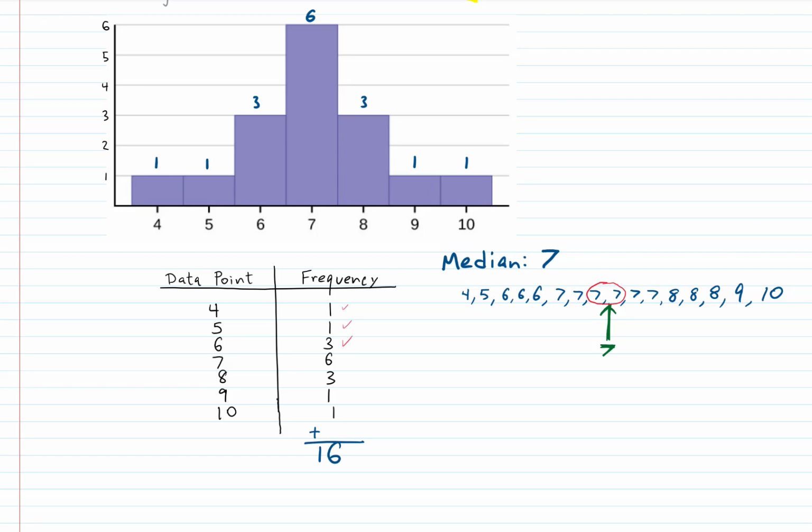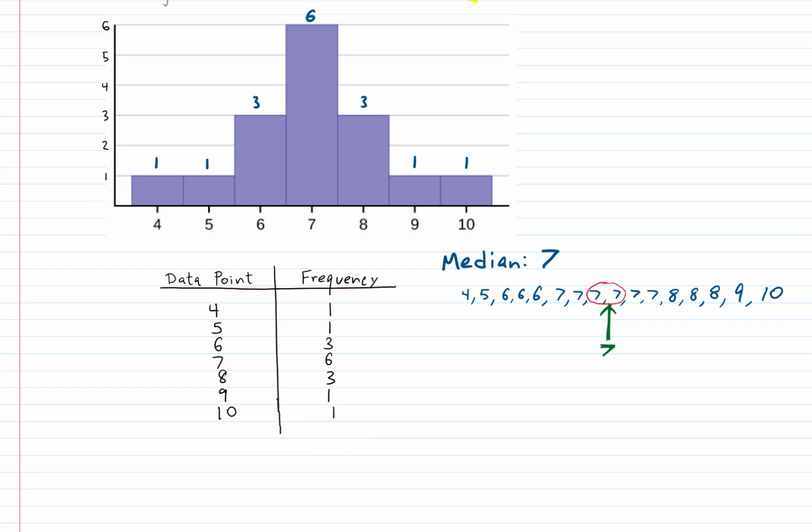So to get to the 8th one, I would need to go 3 more numbers, which would be right in the middle of here, right? That would be another way I could find the middle. Okay, and all of this is in lecture 9. We're just reviewing right now, lecture 9.